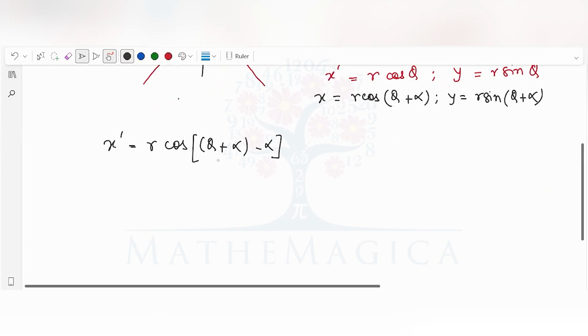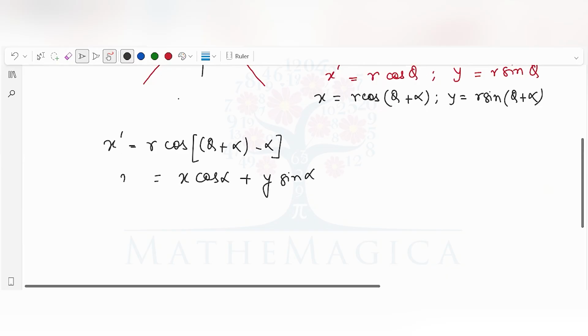Here we apply trigonometric identities, and this is equal to r cos(theta plus alpha) times cos alpha, which is x cos alpha, plus r sin(theta plus alpha) times sin alpha, which is y sin alpha.